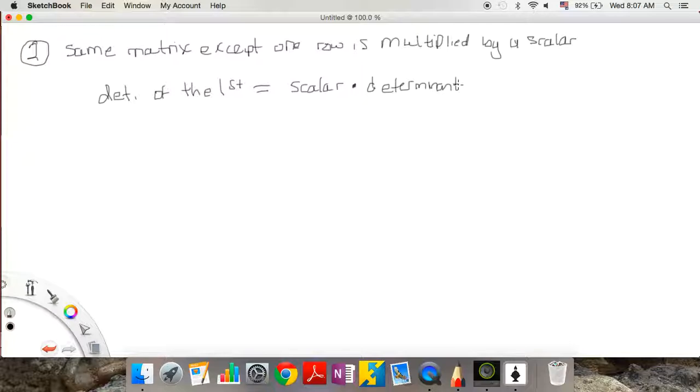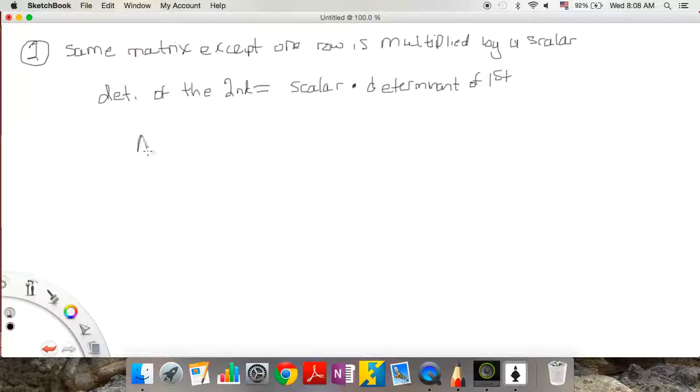Or the other way around. The determinant of the second is the scalar times the determinant of the first matrix.